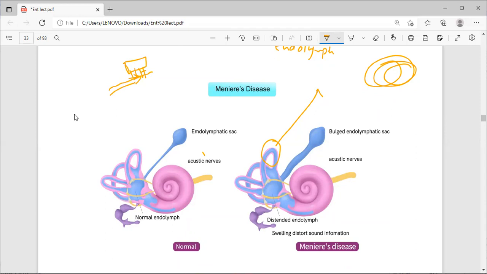These hair cells are connected to the vestibulocochlear nerve, or cranial nerve 8. This cranial nerve 8 will go to the brain and form the sound which you are hearing. So different patterns of fluid coming through the semicircular canal can generate different types of sound.